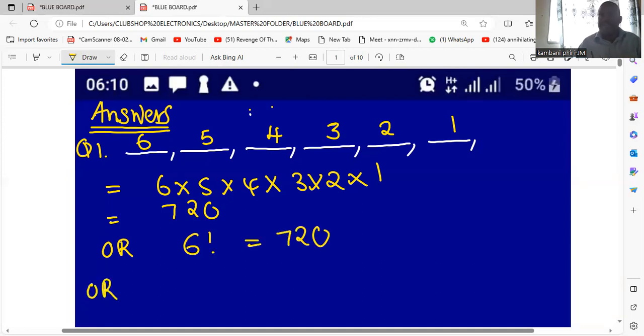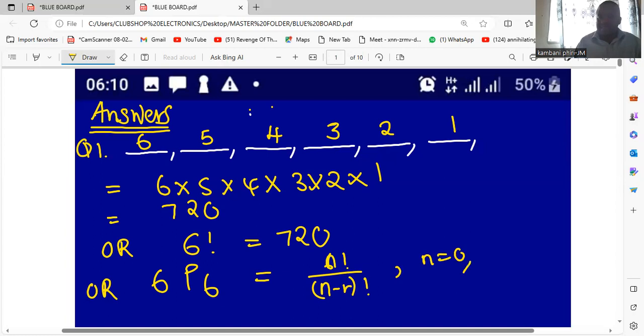Or alternatively, we can say 6P6 is equal to, because we have 6 and all of them can be arranged or picked, 6 factorial by the formula, which is n factorial divided by n minus r factorial. In this case, our n is 6 and our r is 6.